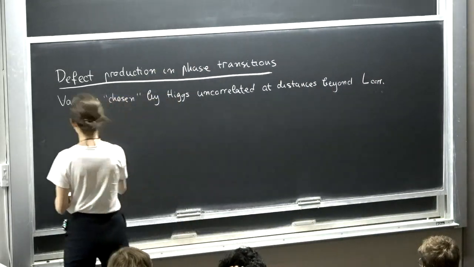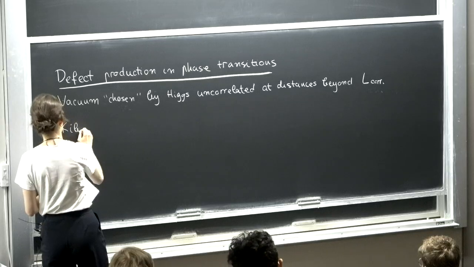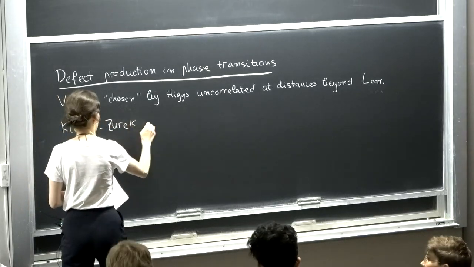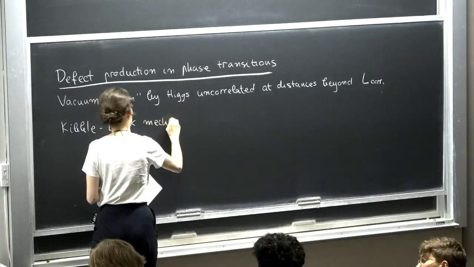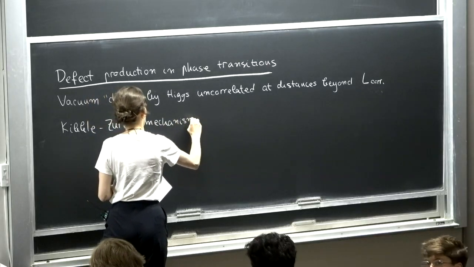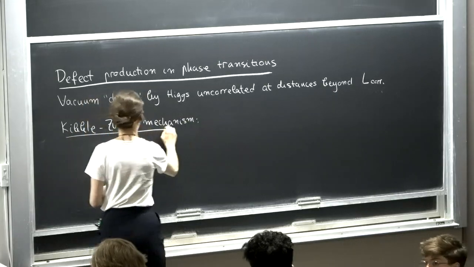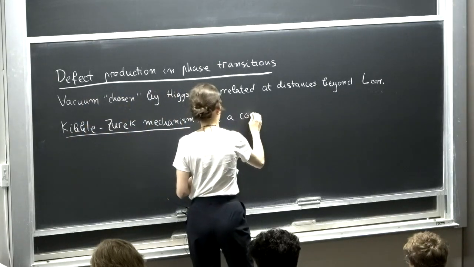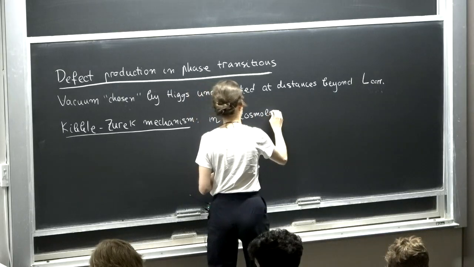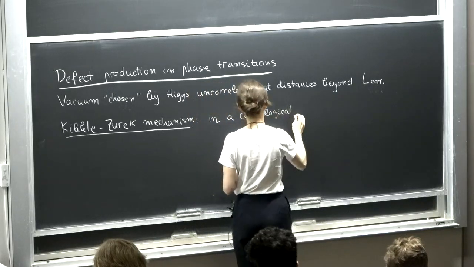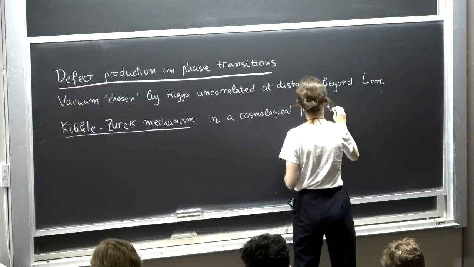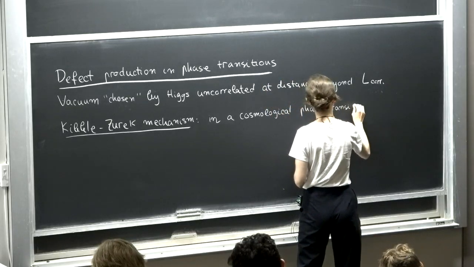And then the observation follows, and this was the insight by Kibble and also later on Zurek. So this goes by the name of the Kibble mechanism. It's basically just the observation that in any phase transition, and in particular in a cosmological context, there is an absolute upper bound on what that correlation length can be.